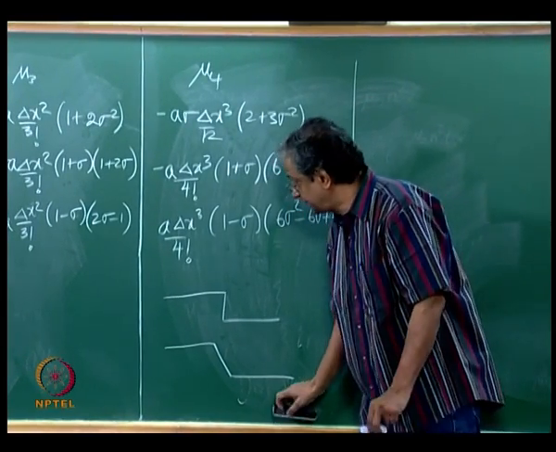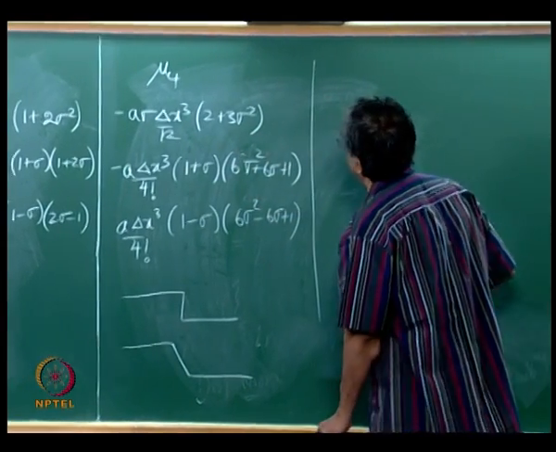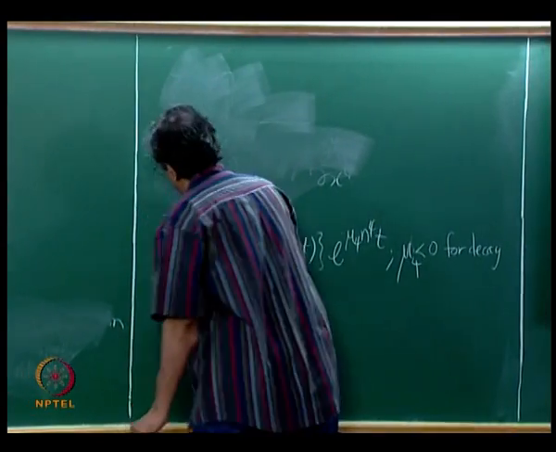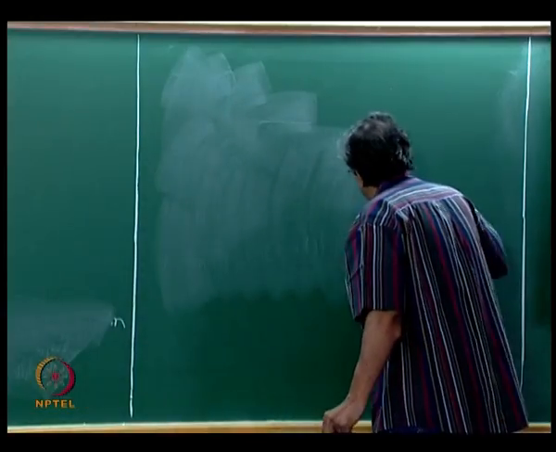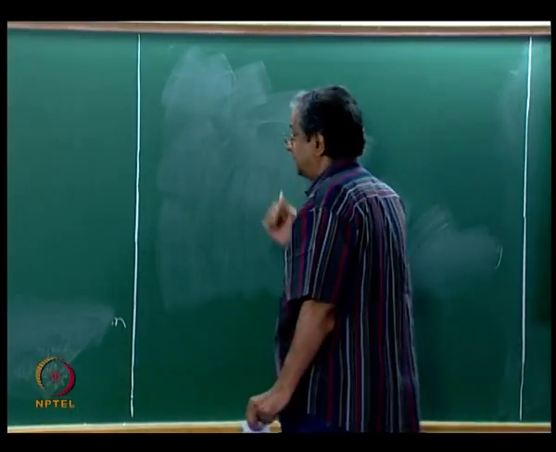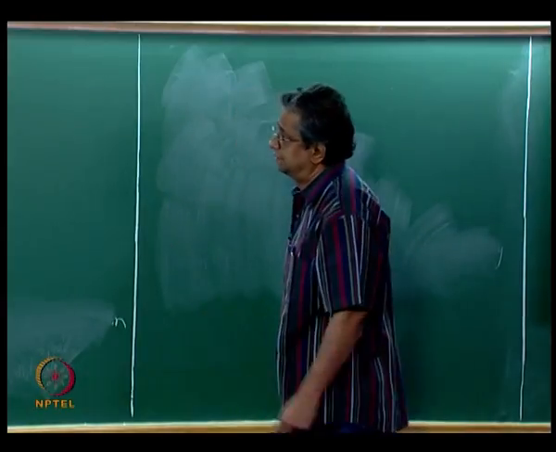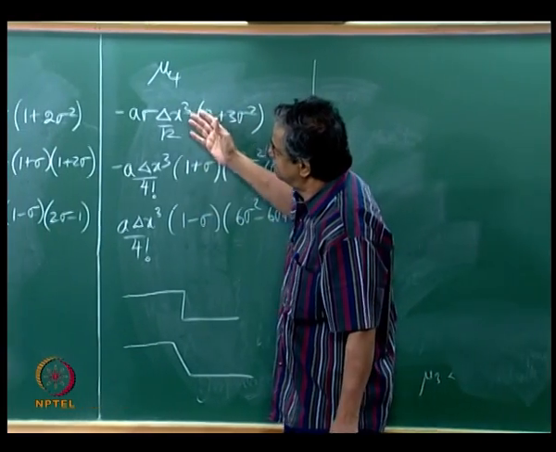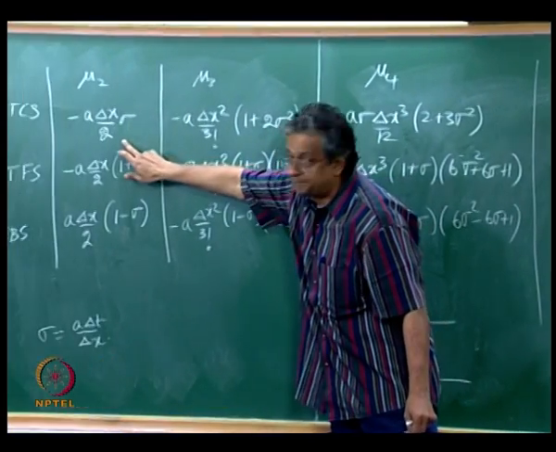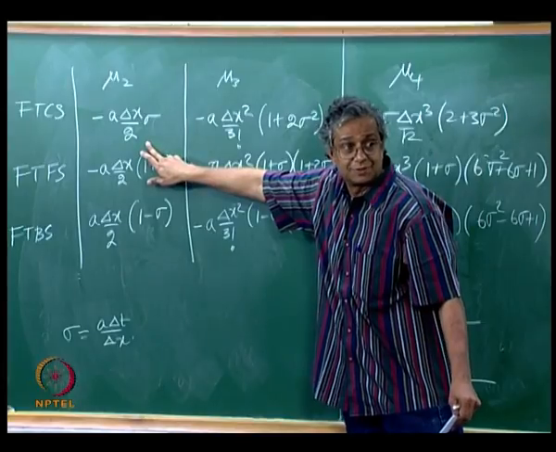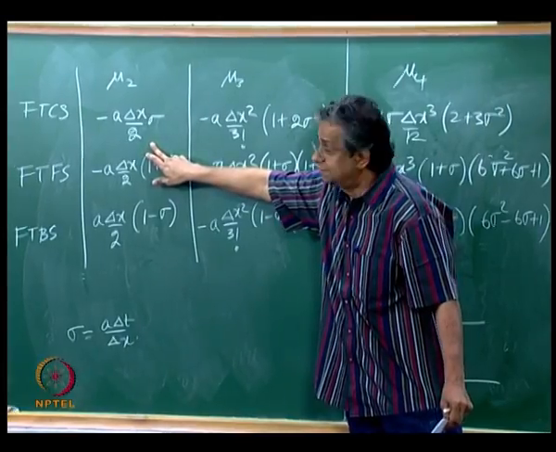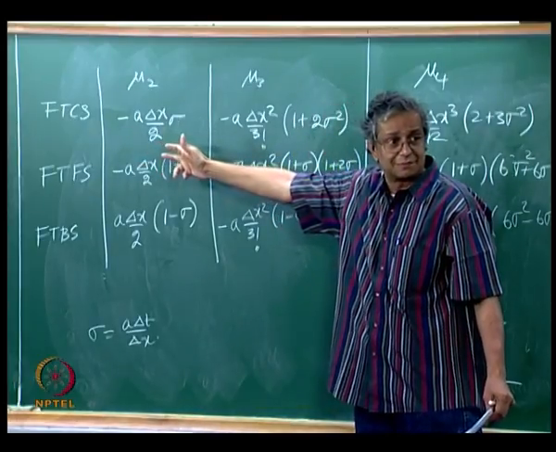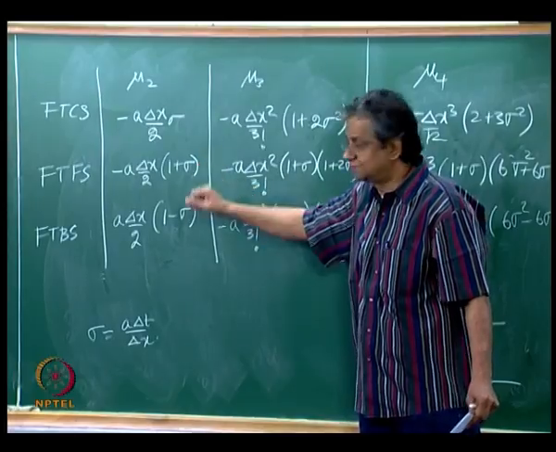So then what do we have now? I will go to this board here. So the question is, we have seen that because FTCS has this term up front, with the coefficient being negative, that is the reason why it is not working, right, that is the conclusion we draw from this analysis.